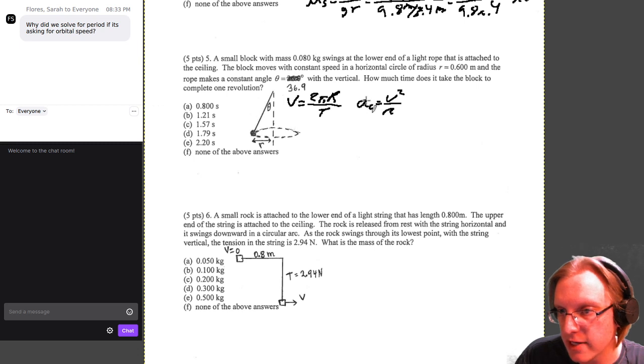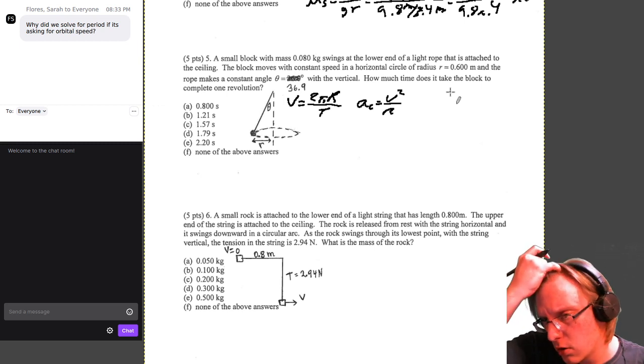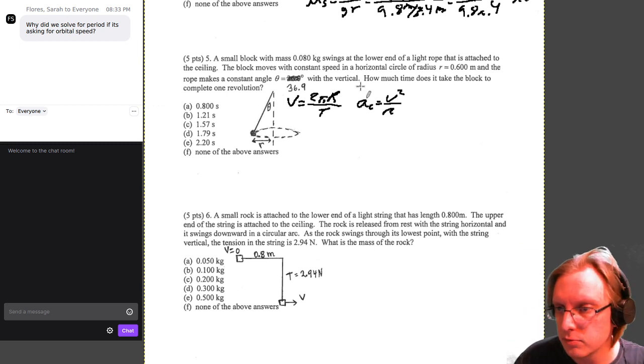So now we need to figure out what this a centripetal is. The centripetal has to be the tension in the horizontal direction, and the tension in the vertical direction must be equal to mg, gravity pulling the thing up.